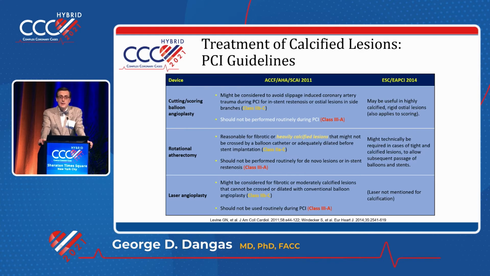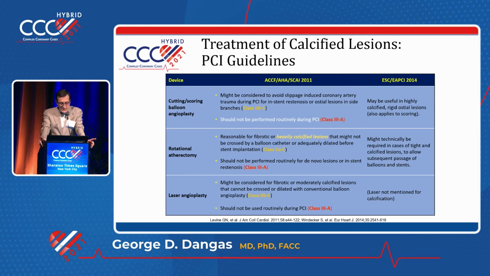No for routine, but yes for calcific, by the guidelines that we always know are very stringent. Laser angioplasty is also included in the guidelines for fibrotic and moderately calcific lesions. Laser is not mentioned for calcification in the EAPCI European statement of 2014, and should not be used routinely during PCI.